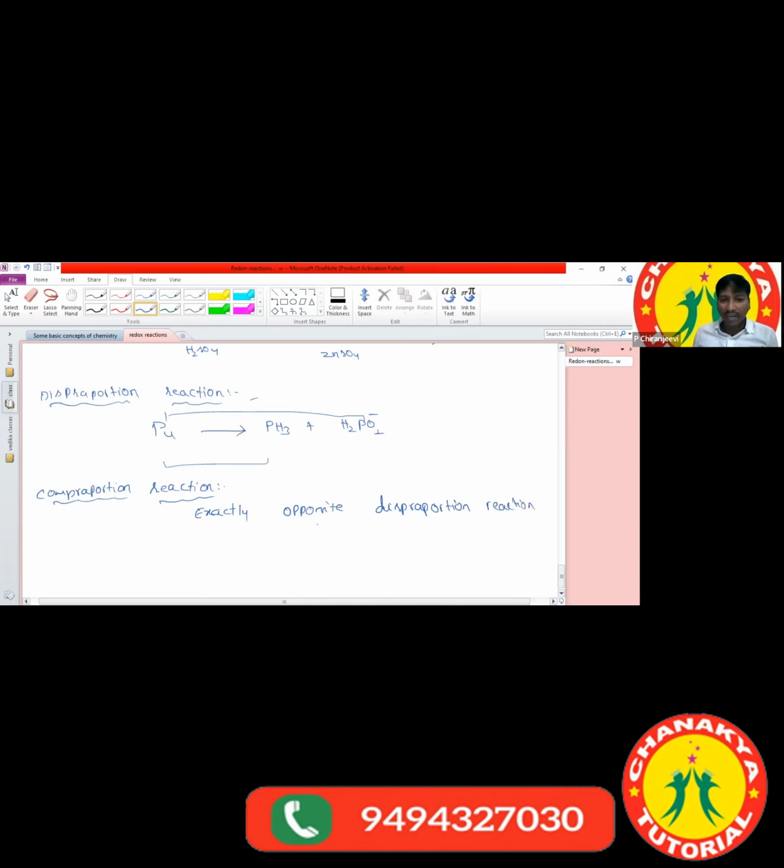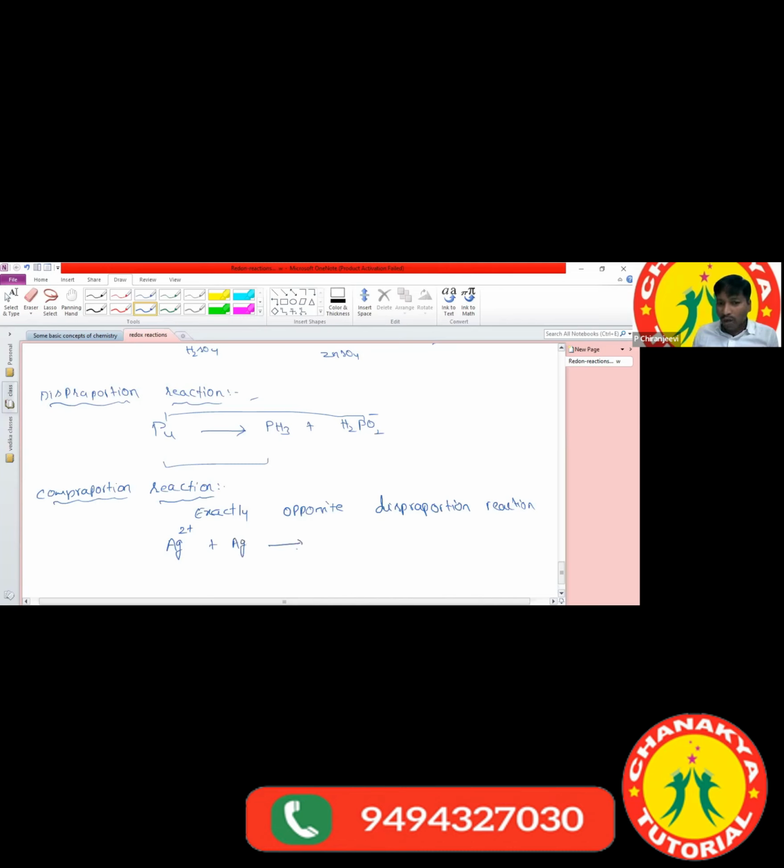Why is it exactly opposite to the disproportionation reaction? Here phosphorus is exhibiting two different oxidation numbers. Similarly, atoms of the same element exhibit two different oxidation numbers. For example, silver: one silver exhibits a +2 oxidation number and another silver atom is 0.